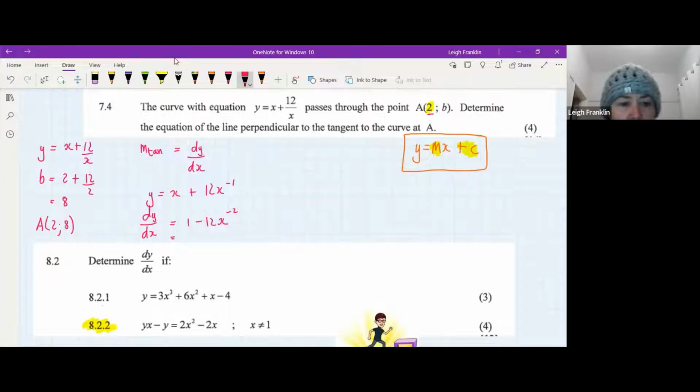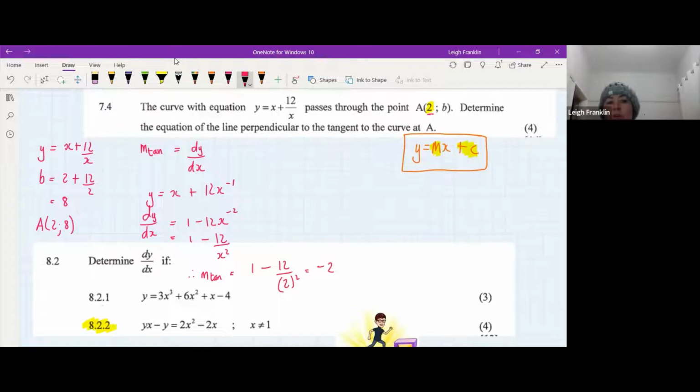Okay, so that's going to give us 1 minus 12 over x squared. And therefore the gradient of the tangent is going to be 1 minus 12 over 2 squared. Okay, so that's going to give us an answer of -2. So the gradient of the tangent is -2.